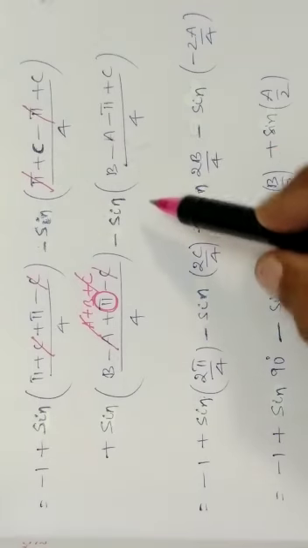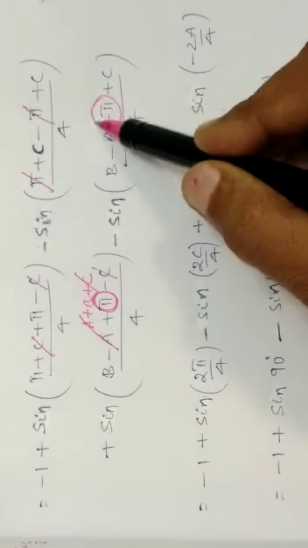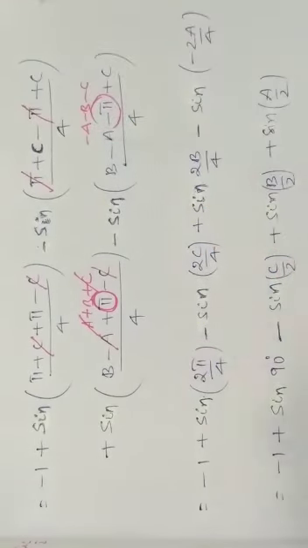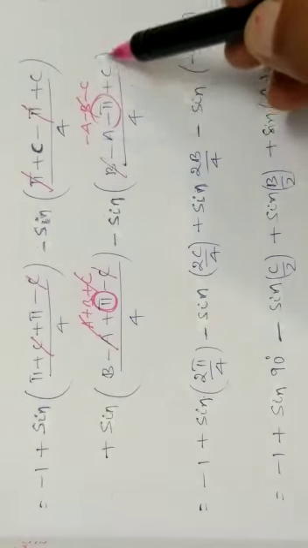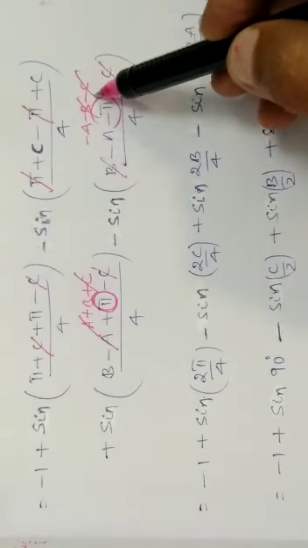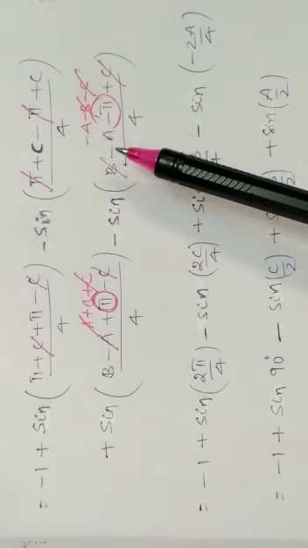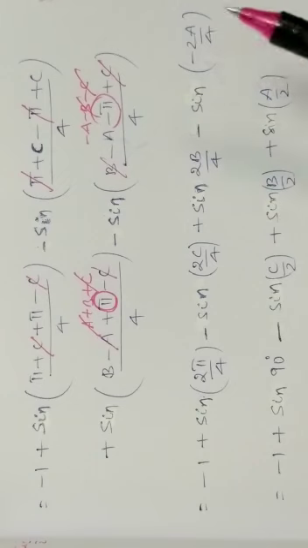In the place of minus π, we can write minus A, minus B, minus C. Then plus B minus B gets cancelled, plus C minus C gets cancelled. The remaining are minus A, minus A, so minus 2A, denominator is 4.